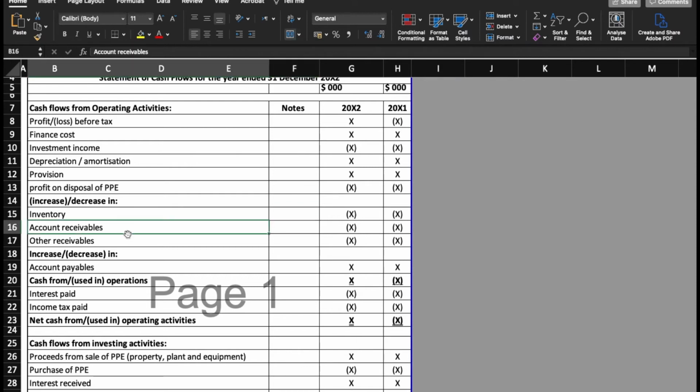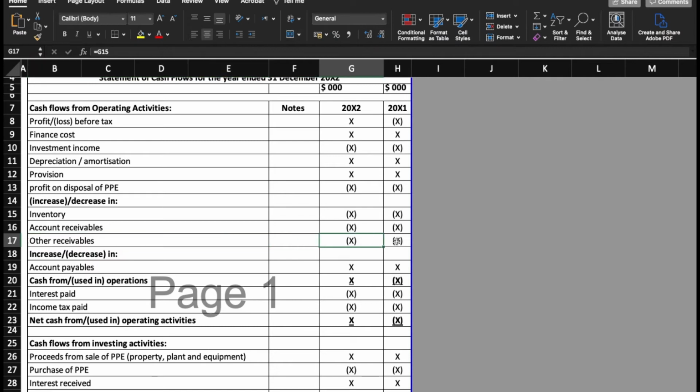Then we have accounts receivable. Accounts receivable, the same scenario: previous year minus current year from the financial position figure gives you the current figure. Then we have other receivables.